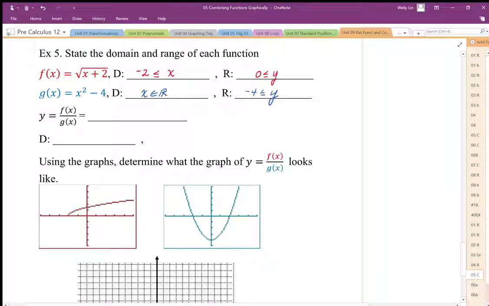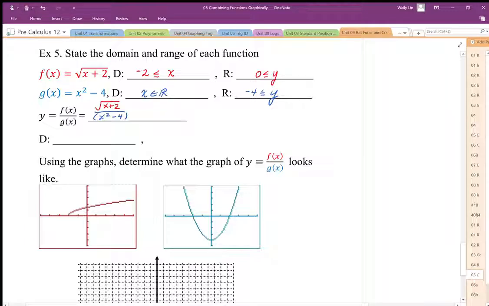So what is this combined function going to look like? It's going to be the square root of x plus 2 divided by the quadratic function in the denominator. Okay, so what's the domain of this function? Well, the domain is based on x not being less than -2, and we also have restrictions.